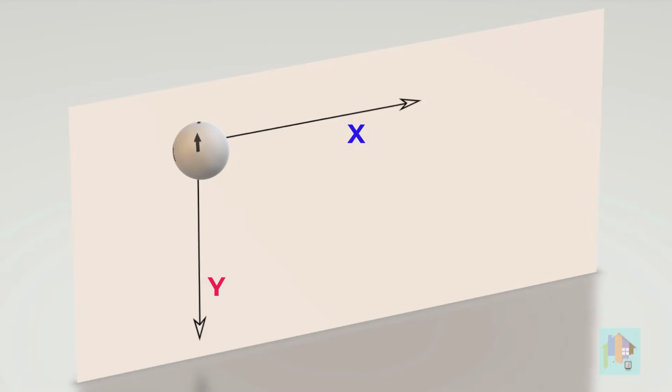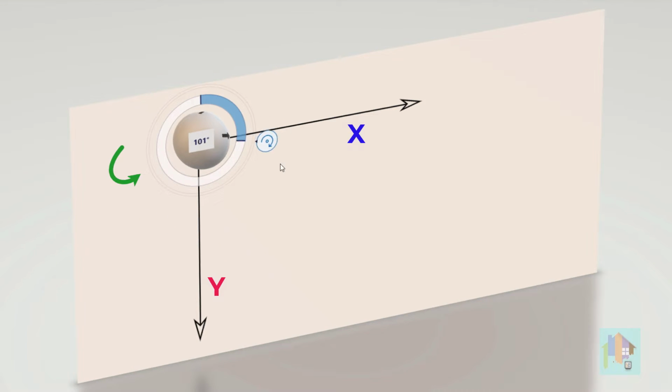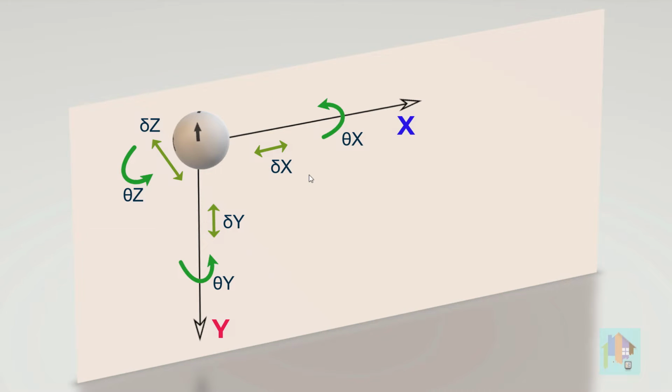For rotational movement, it can rotate about x-axis, it can rotate about y-axis, and also rotate about z-axis. So these are the 6 displacement components for any node, and we call this 6 degrees of freedom.